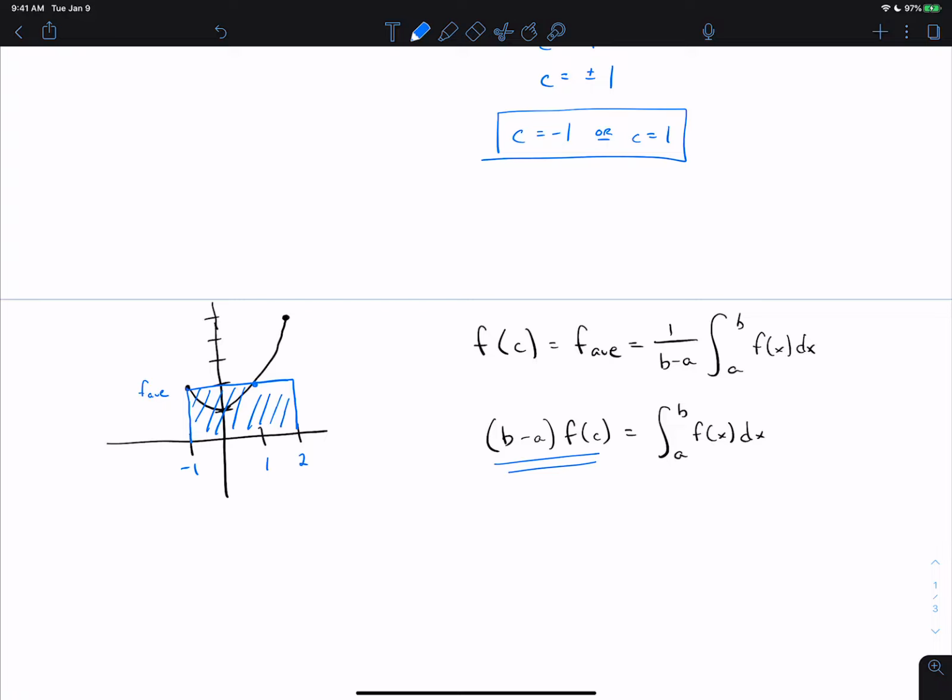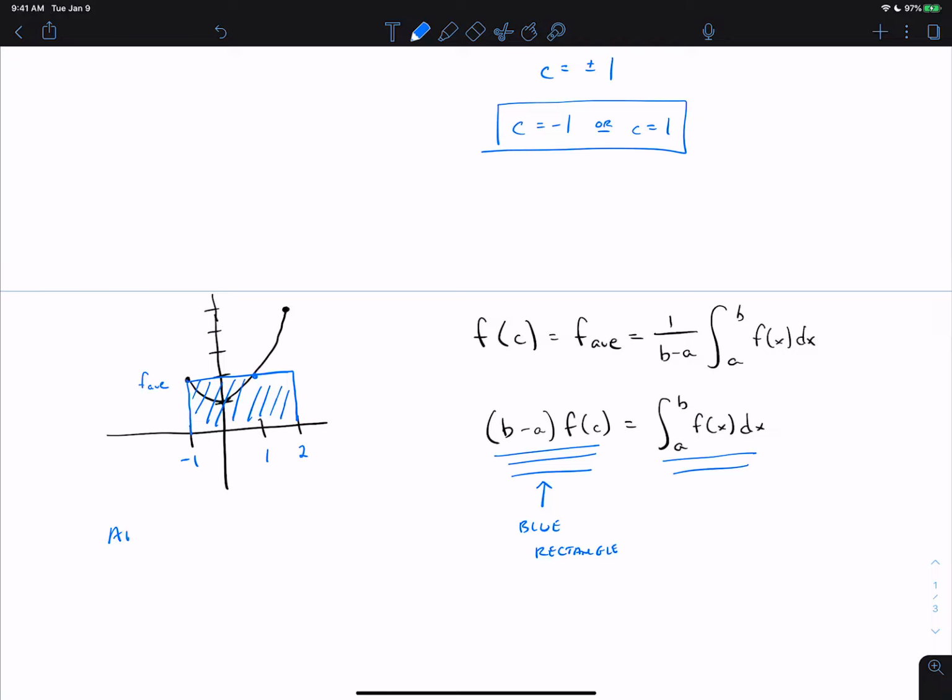That area is actually this side. And so this is the blue rectangle that I've got drawn in the picture. That's equal to the integral from a to b. So the area of the blue rectangle is equal to the area under the graph from -1 to 2.